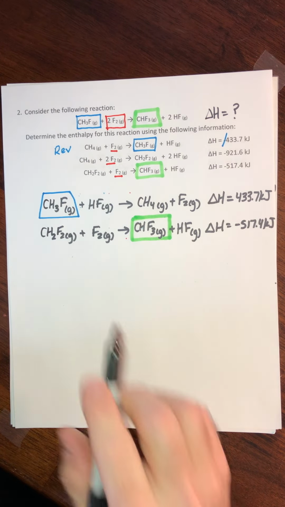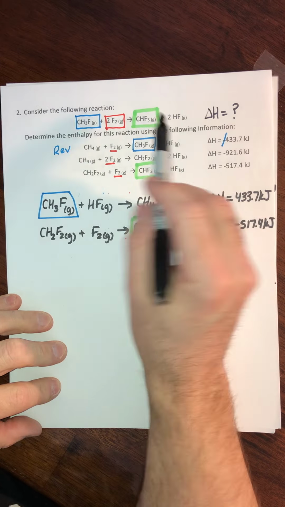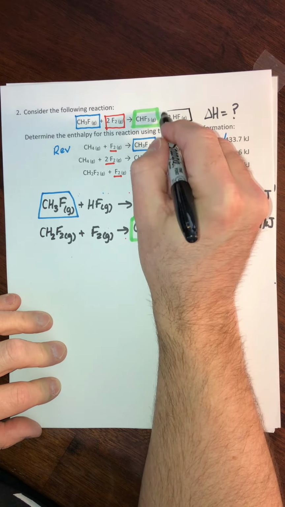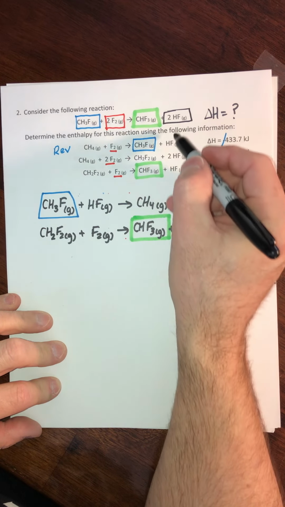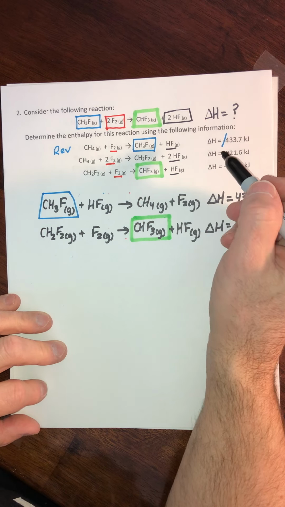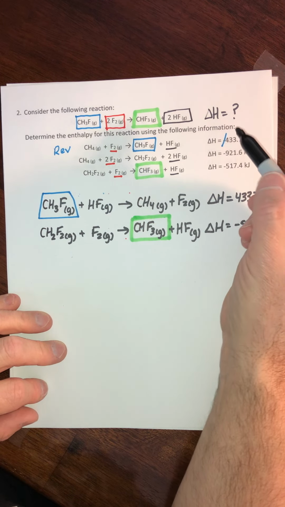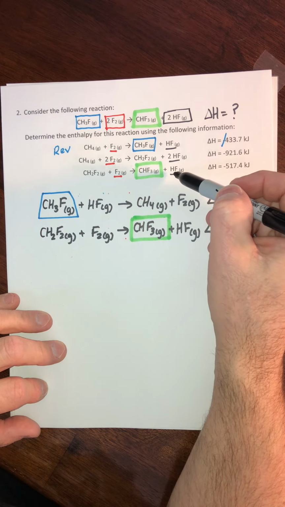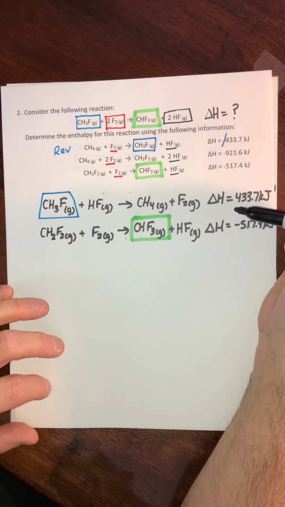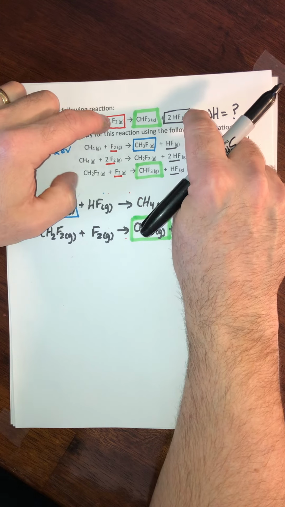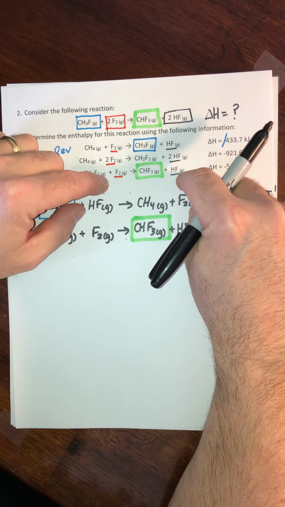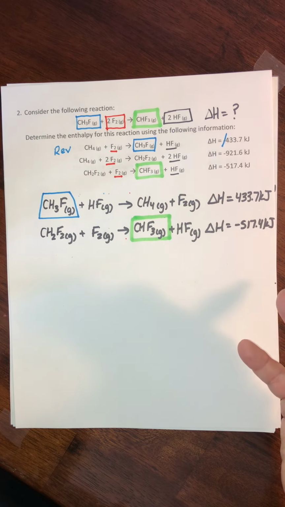Okay, now if we look up at our target equation, the very last chemical is 2 HFs. If I look down through all of my givens, I can see that HF shows up again in every single equation, which means that I cannot use this chemical to determine how to modify any of these reactions, right? If a chemical in your target equation shows up in more than one of your given equations, then you can't use it.